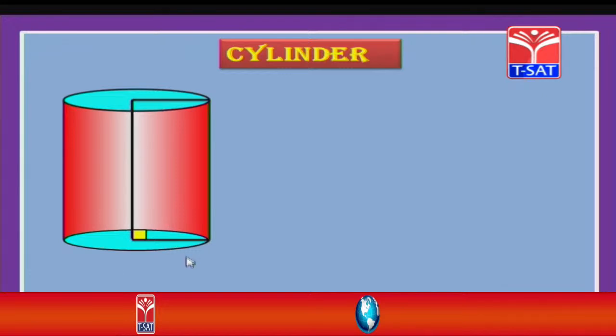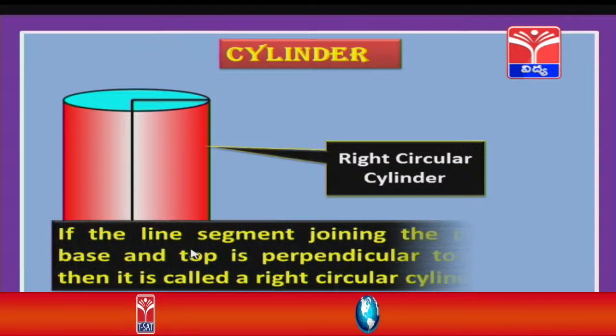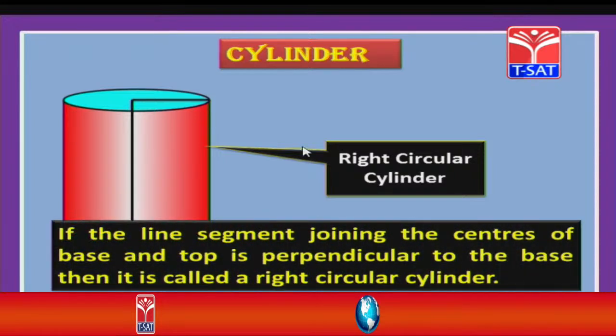So, these two are radii, and this line is the line joining both the centers, and this line is perpendicular to the radius. Such cylinders are said to be right circular cylinders. So, what is a right circular cylinder? Yes, if the line segment joining the centers of the base and top is perpendicular to the base, then it is called a right circular cylinder.